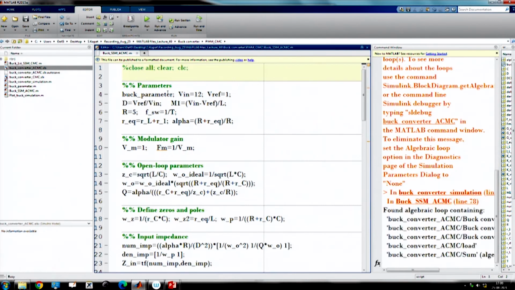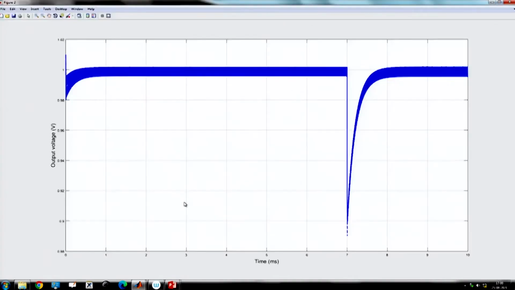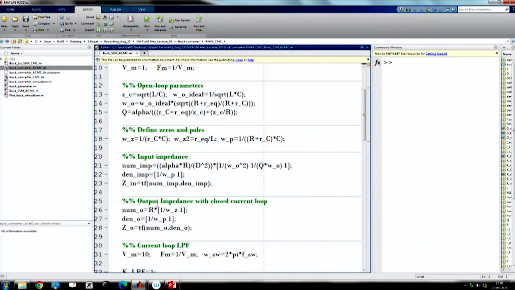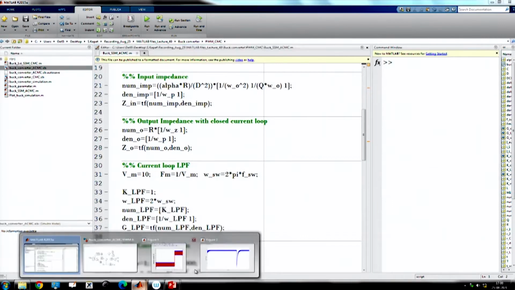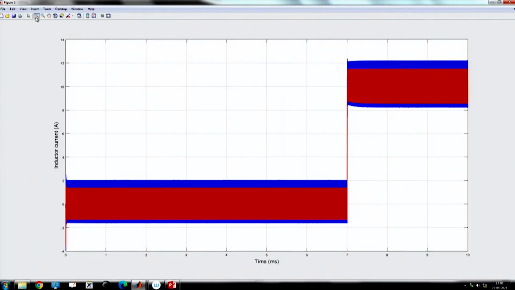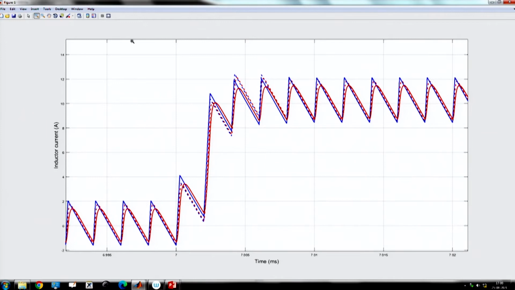Let us run it. So, I am showing, if we now reduce the current loop bandwidth, I think it is 2 times the switching frequency, that means it is further reduced, and we want to see whether there is any effect on the transient response or not. So, the transient response is slowly getting affected.